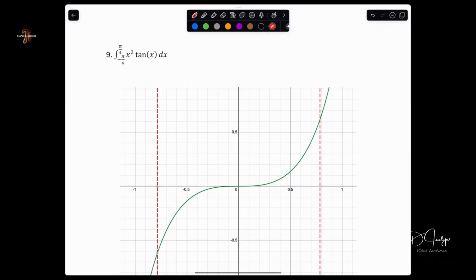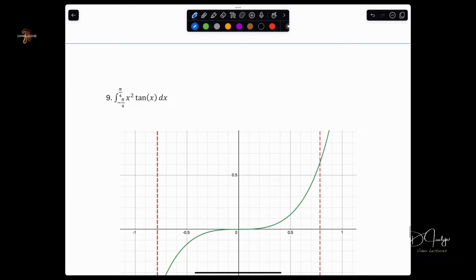Number 9. We have a symmetric interval from negative pi over 4 to positive pi over 4. Your function is x squared tangent x.